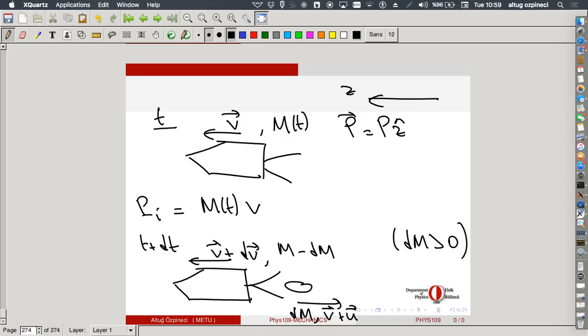This makes sense in that case, because v is in this direction and u is in the opposite direction, so I just sum them up. Of course, the velocity will be v minus u in the z direction, because the velocity of the rocket is in this direction, and the velocity of the exhaust in the rest frame of the rocket is in the minus z direction.